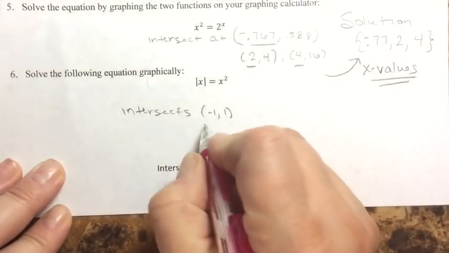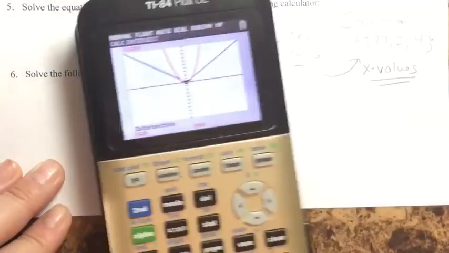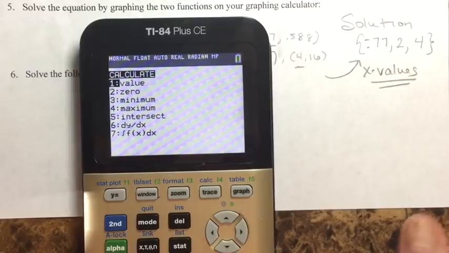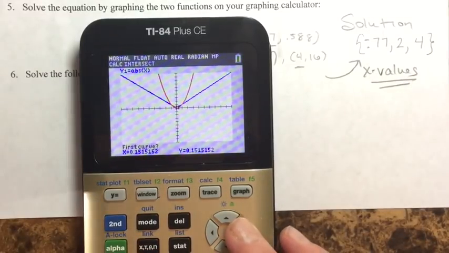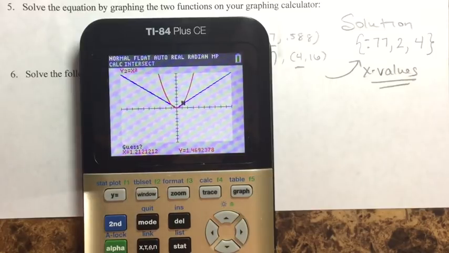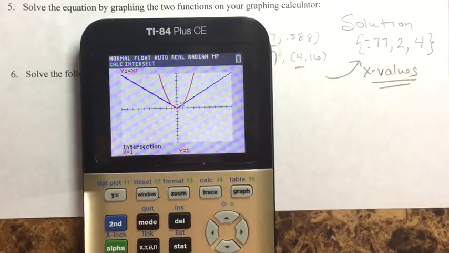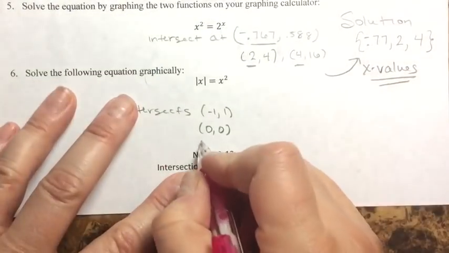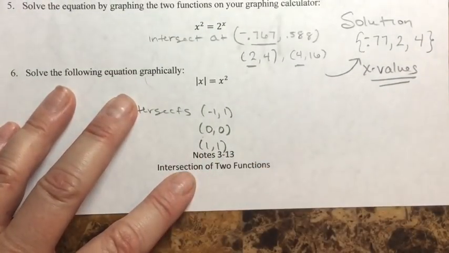So we put 0, 0. Then one more time, second trace, intersect, right there, enter, enter, guess, and there it is: 1, 1. Those are our 3 intersection points.